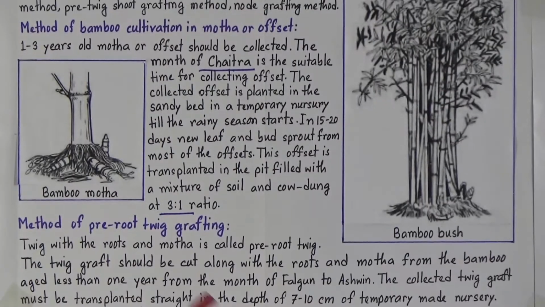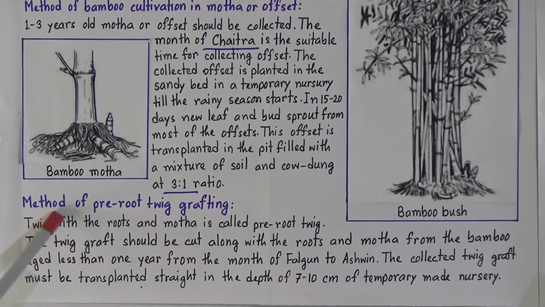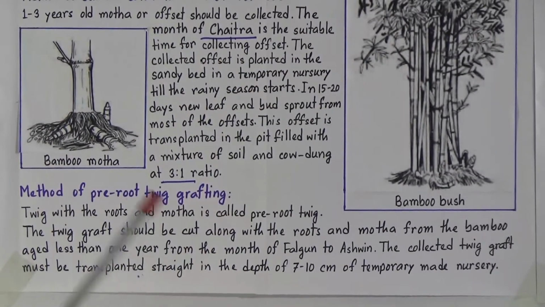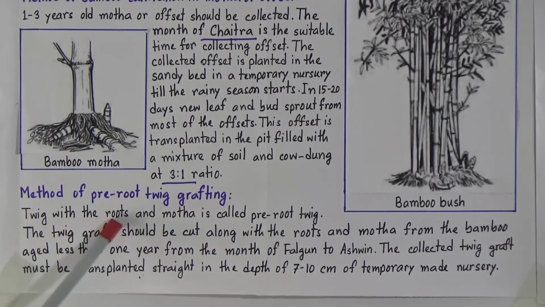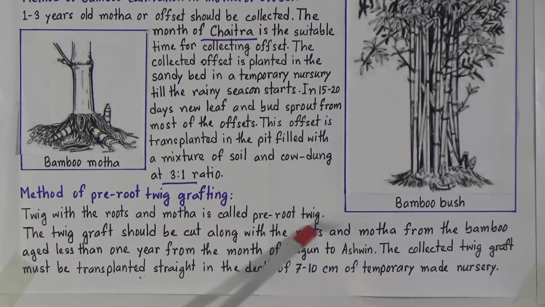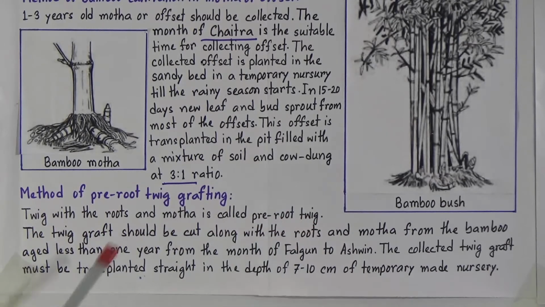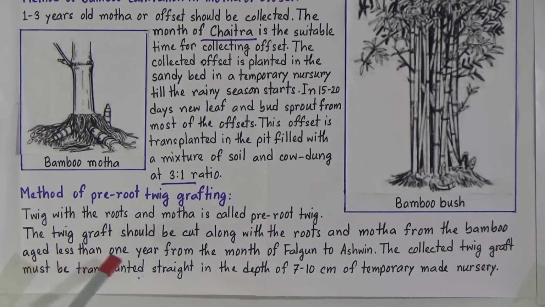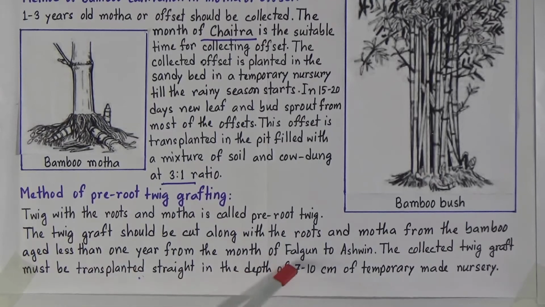And now the next method, pre-root twig grafting. So in this method, twig with the roots and motha is called pre-root twig, and the twig graft should be cut along with the roots and motha from the bamboo aged less than 1 year from the month of Falgun to Ashwin.